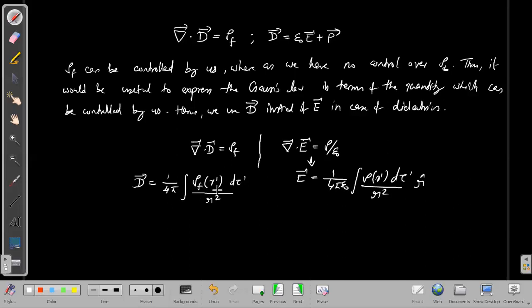Because there is no epsilon 0 here, there is no need to write epsilon 0. The answer is it is not possible. We cannot write this kind of equation in general.